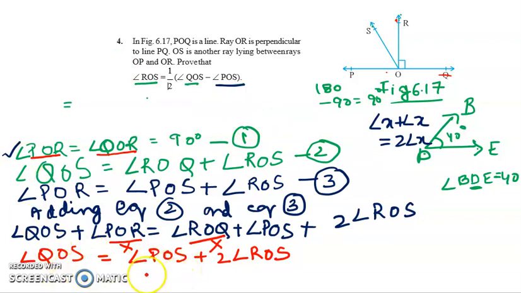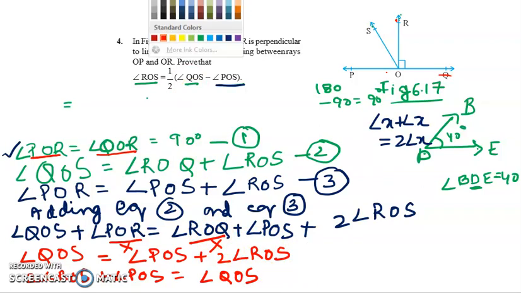So I can rewrite this equation as twice of angle ROS plus angle POS is equal to angle QOS. Are you following? This I have taken on the right side.